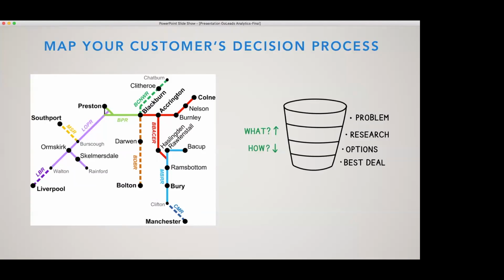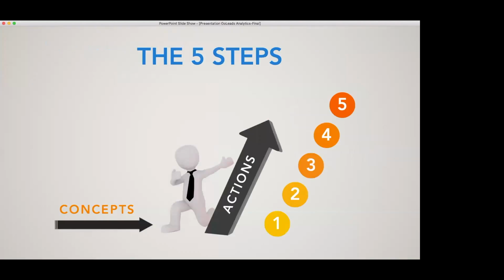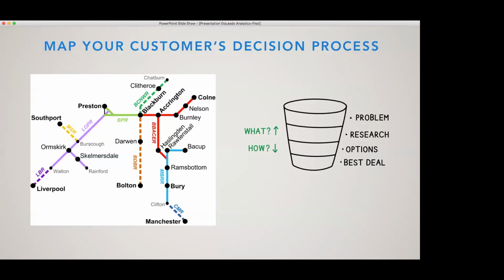That's really the key phrase. You're going to have to listen to a lot of "I don't know, and I think I did this," but what you're really after is pulling out those little pieces that are earlier in the decision process, because then you'll be able to map to it and figure out which parts are online. The reason this is important is that you can make sure that you are there where they're at.